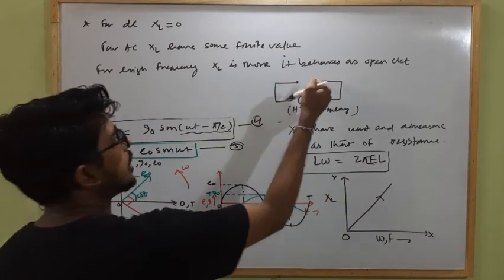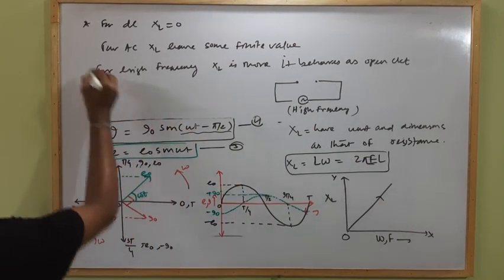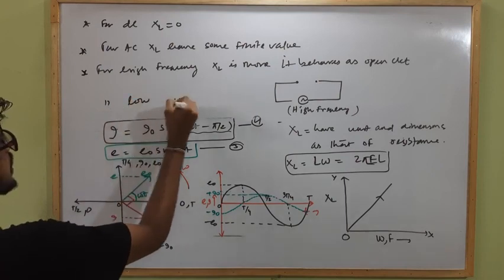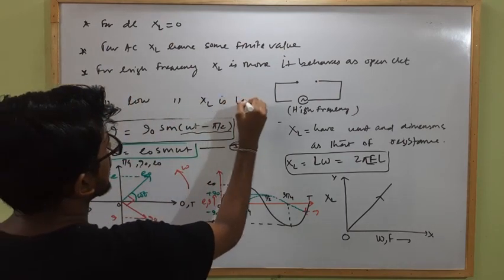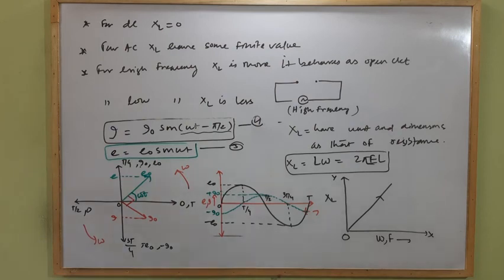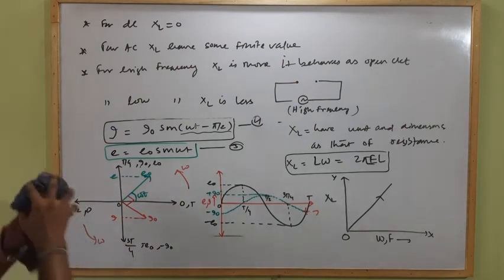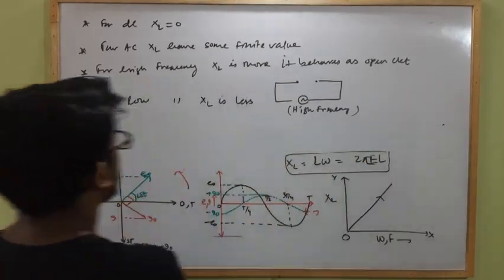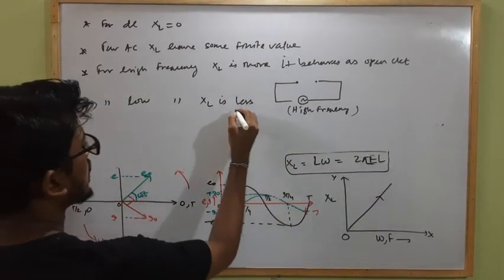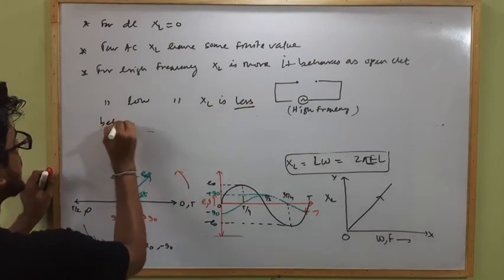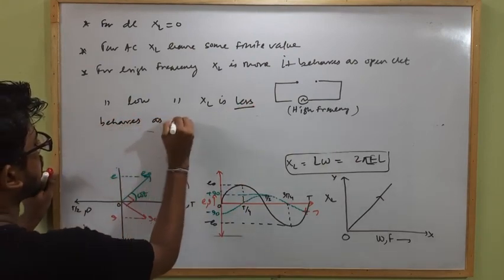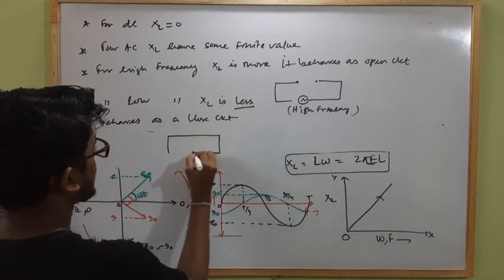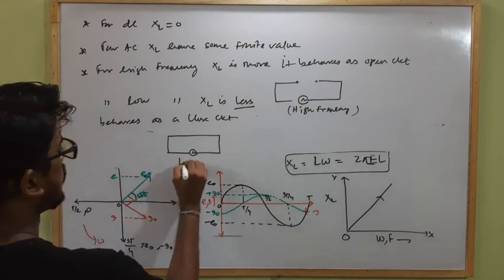If resistance will be maximum, it will behave as an open circuit. Similarly, for low frequency, XL is less, so it will behave as a closed circuit. As it is directly proportional, XL is less, so it behaves as a closed circuit like this. Okay, low frequency.